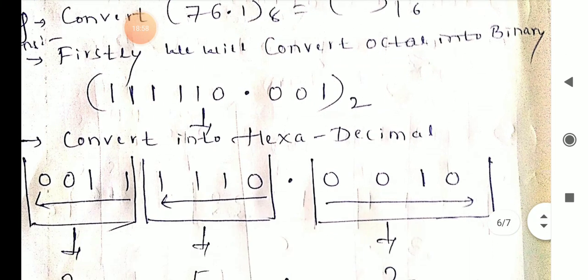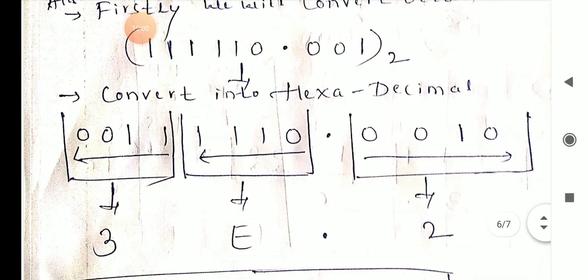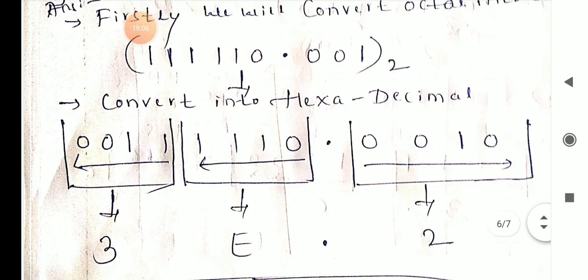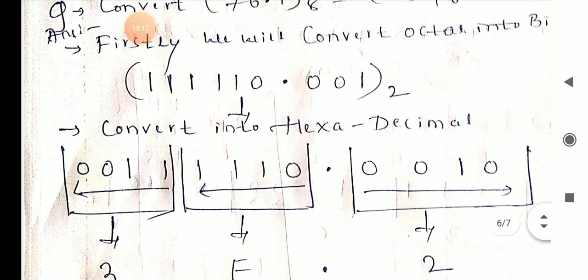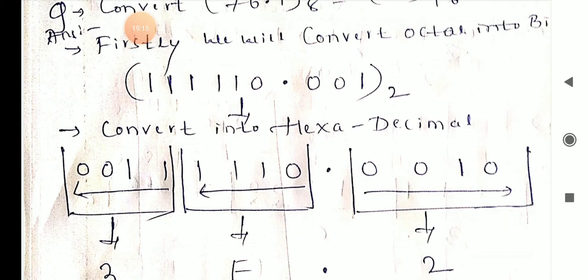After that, the second step is to convert into hexadecimal. Write the binary number as it is: 111110.001.